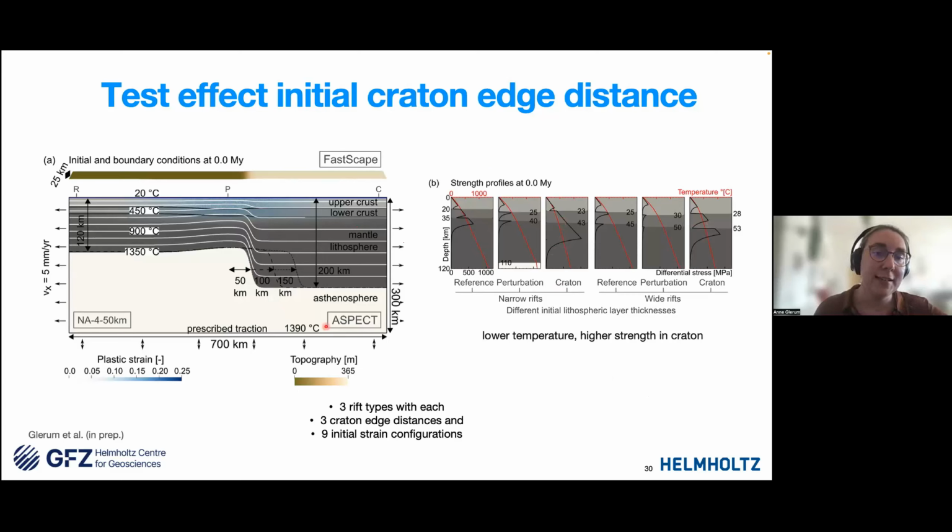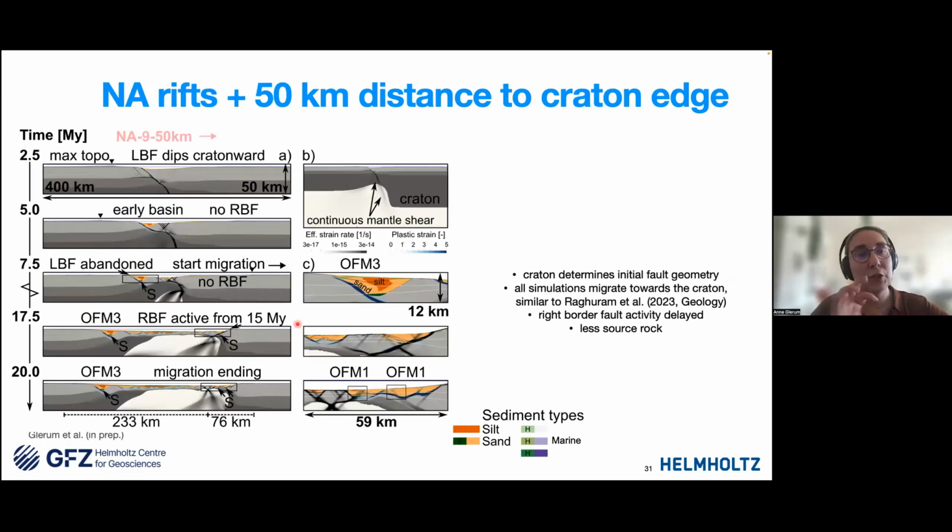And then what I test is, again, the rift types and the strain configurations, but most importantly, the distance between this rift center and the edge of the craton. And then I'll just show you an example of a narrow asymmetric rift with a craton edge that's really close at 50 kilometers, because that contrasts nicely with the previous example.